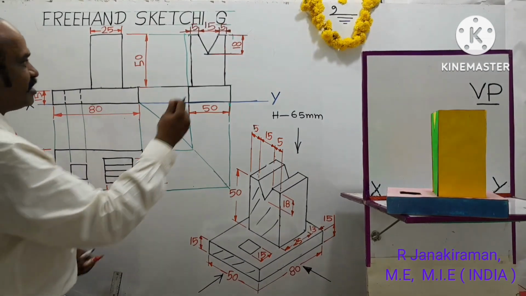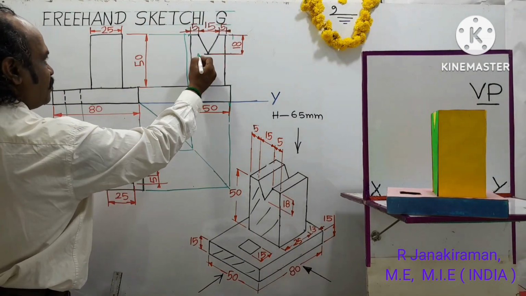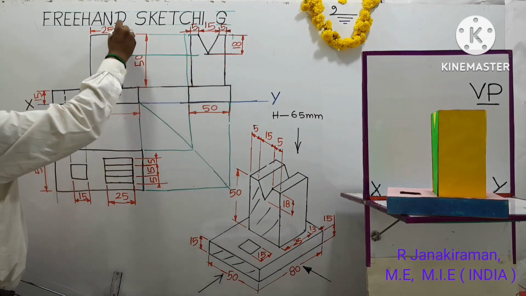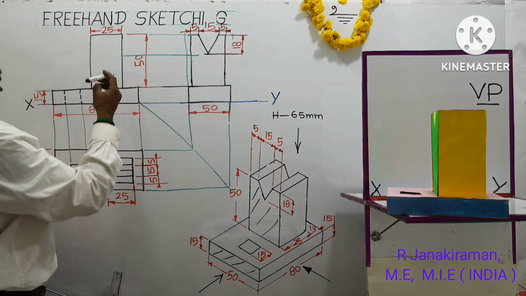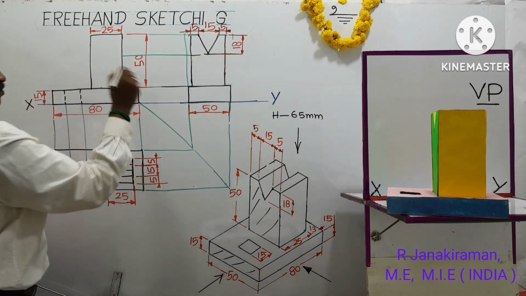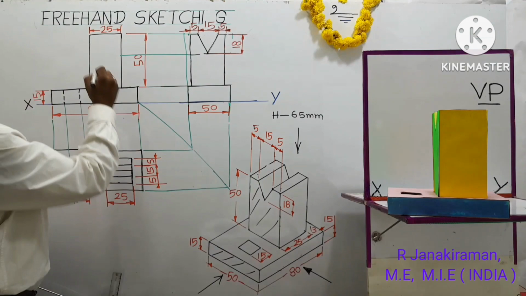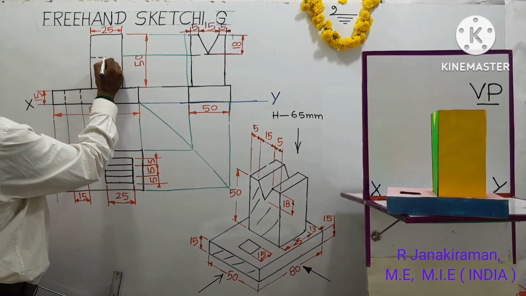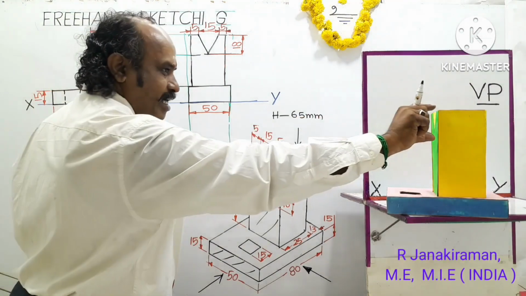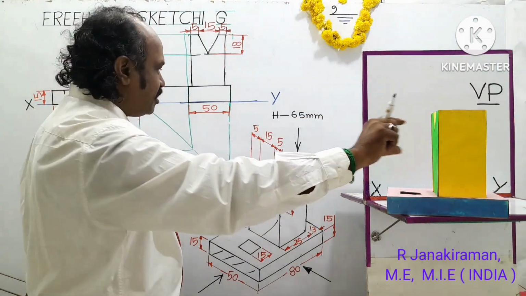Trace it from the previously drawn side view. This 18 mm is to be traced by horizontal projector. Where it intersects with the front view, there you draw a dashed line to represent the hidden part. So at a distance of 18 mm, something is passing inside. This distance is 18 mm. Depth of the V groove passage.